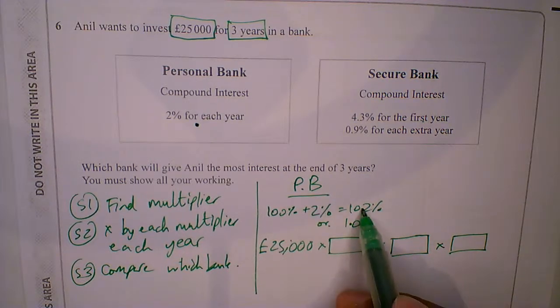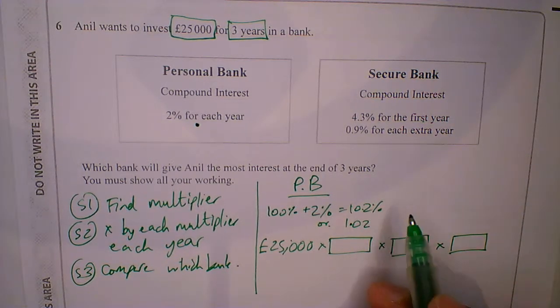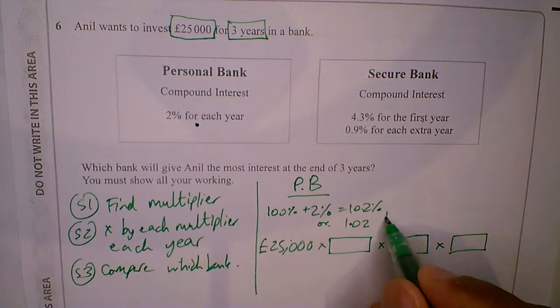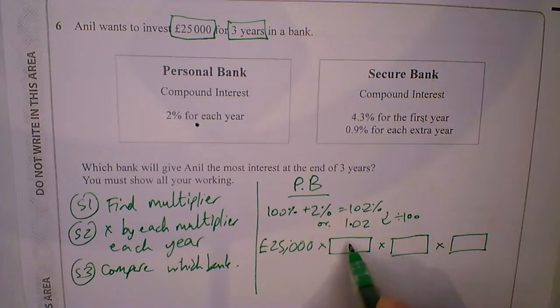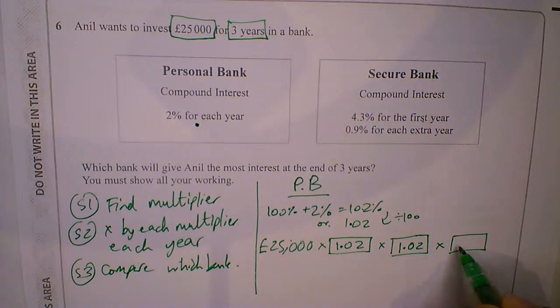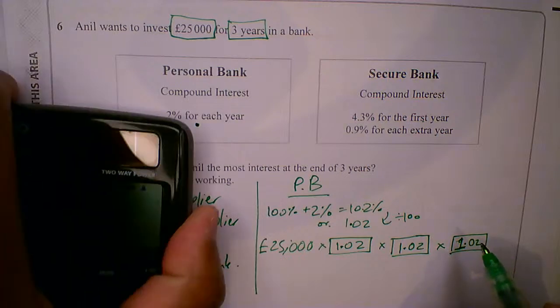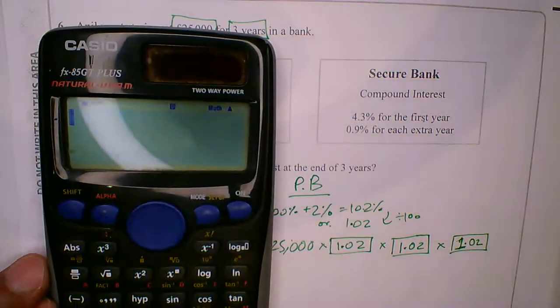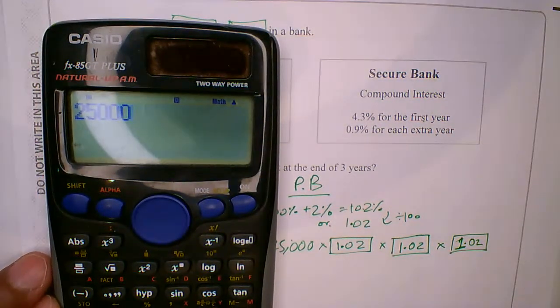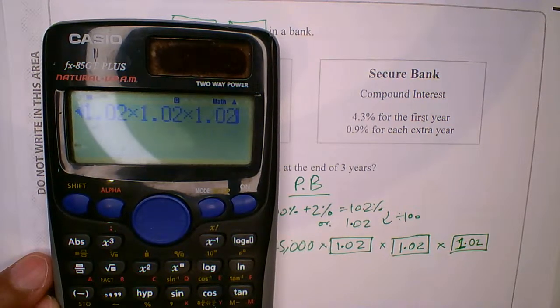So here you can use a percentage button if you're familiar with that, or just change that to a decimal, which is divided by 100. So 1.02 times 1.02 times 1.02. Now we just put that into the calculator. 25,000 times 1.02, 1 year, 2 years, 3 years.